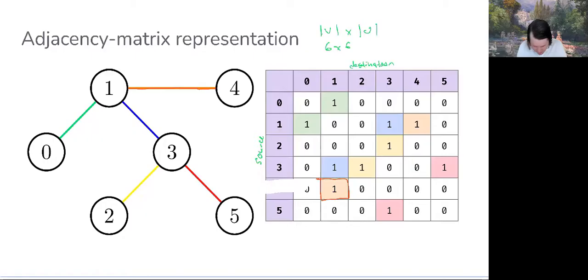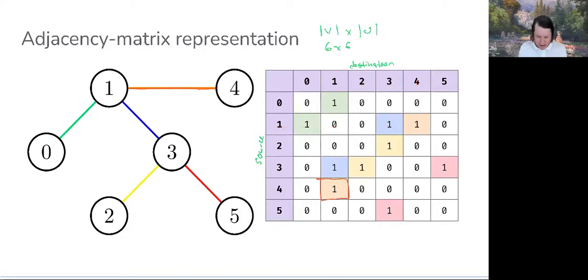So again, 4 to 1, there exists an edge there. Likewise, from 1 to 4, we also observe a non-zero value in row 1, column 4, that tells us that there's an edge from node 1 to node 4.